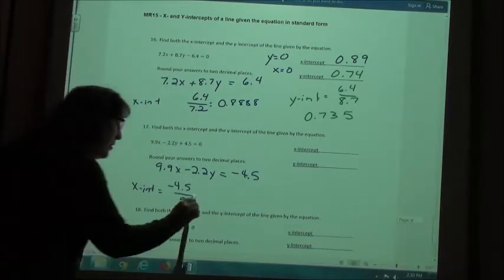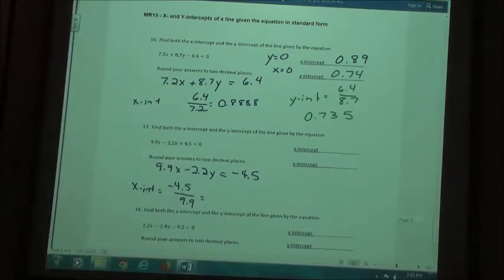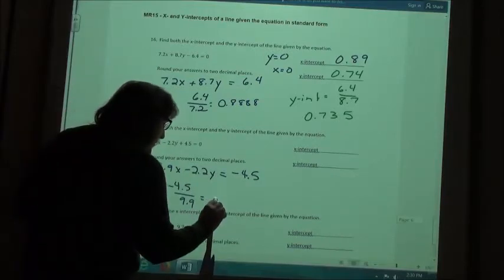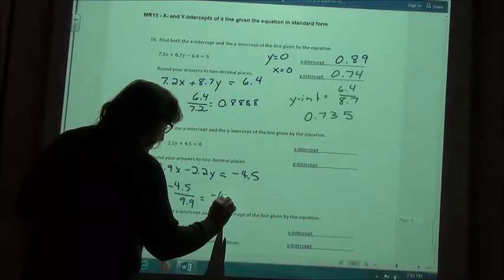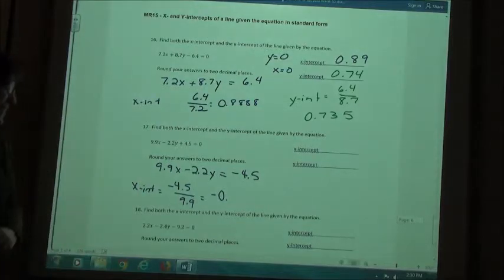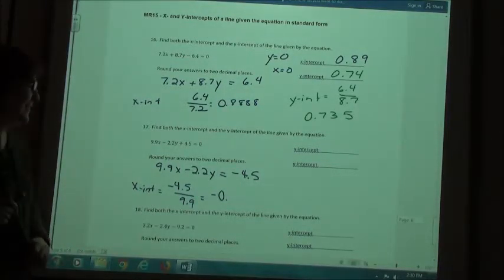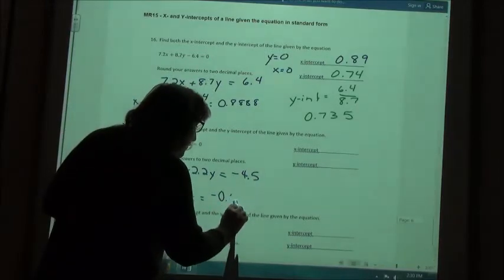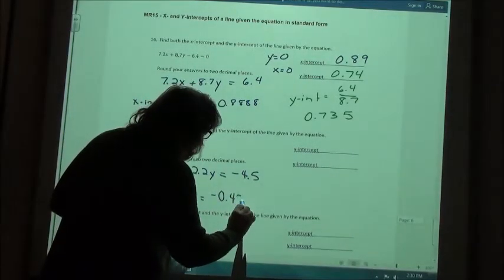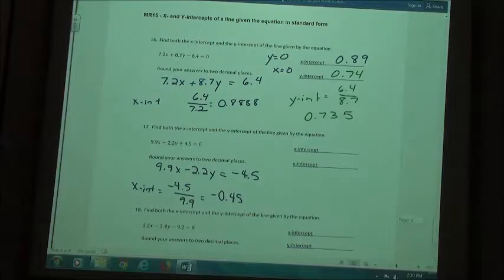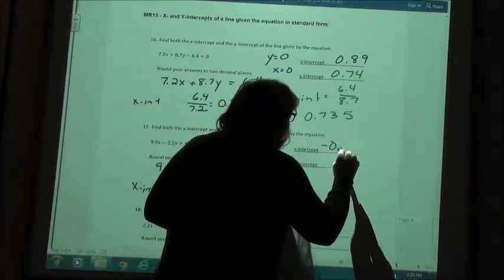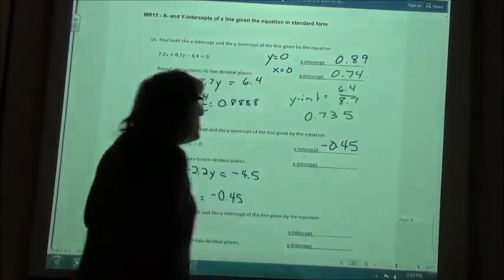And so, if I divide that on my calculator, I get negative 0.45. Everybody getting that? I'm assuming you rounded it off already. Negative 0.45.